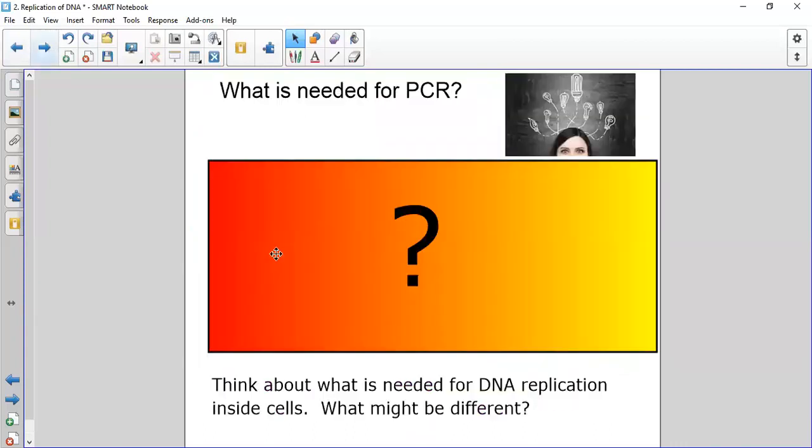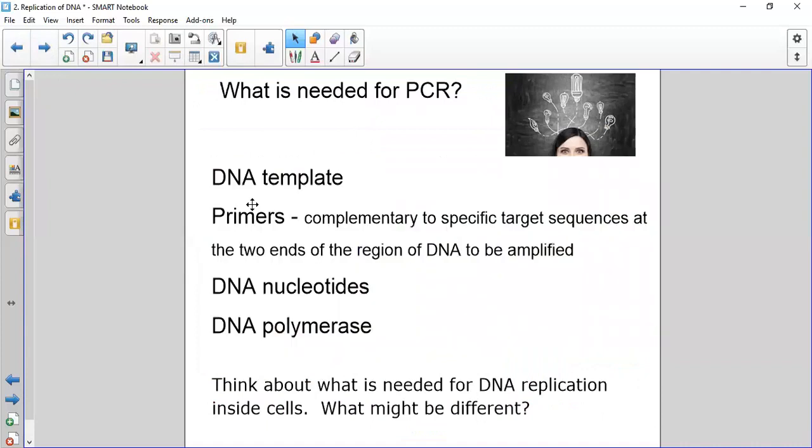Okay, so what do we need? You've had time to think about this. We still need the DNA template, and that's obviously going to come from the crime scene, or the virus up your nose, or the embryo, wherever it is you wanted to test the DNA from. We need primers, free DNA nucleotides, and DNA polymerase.